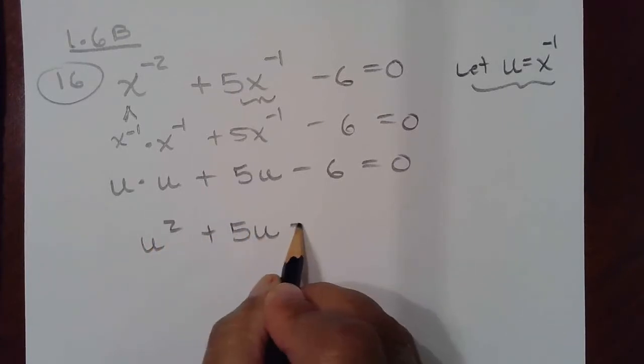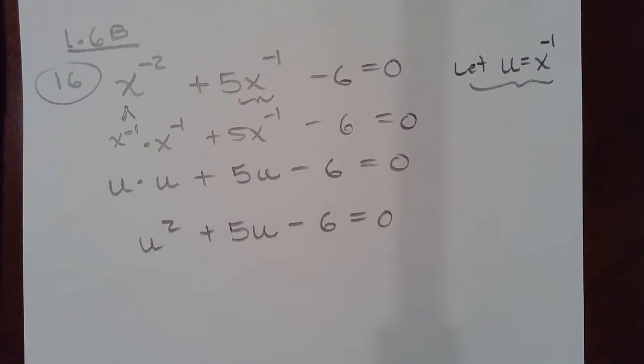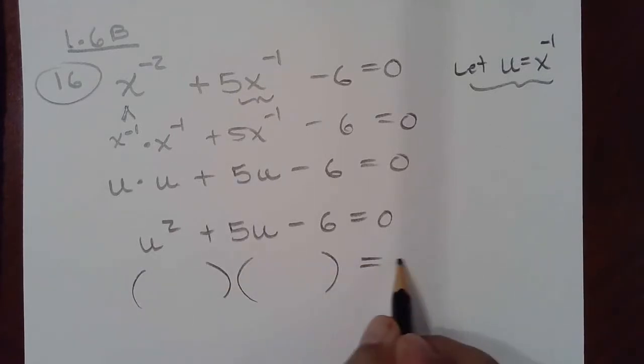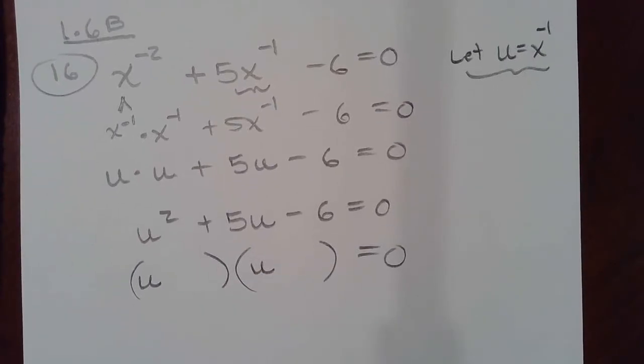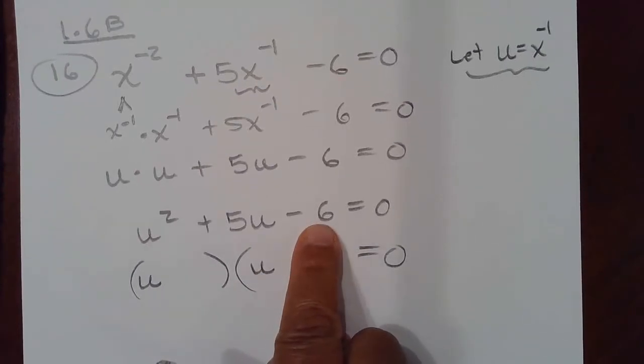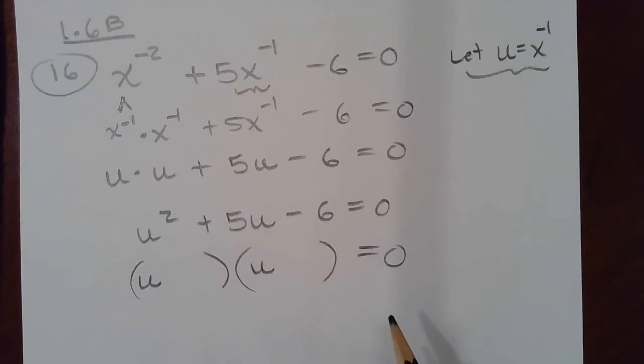Don't forget, if you substitute whatever is complicated right out of the problem, you're going to have to resubstitute again at the end, because all you're doing here is solving for u. Same kind of factoring method that I've used in the last two problems. The two numbers that multiply to give you -6 but add to give you 5 would be 6 and 1 if you allow one of them to be negative.